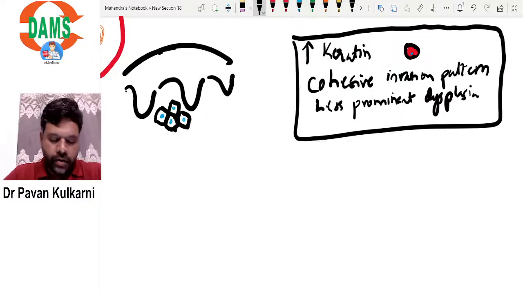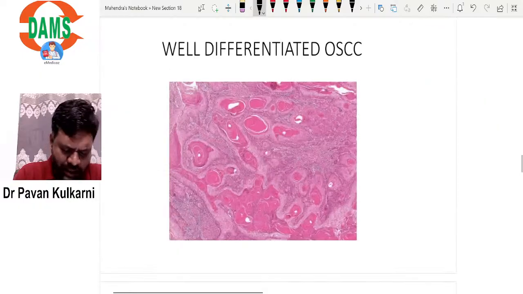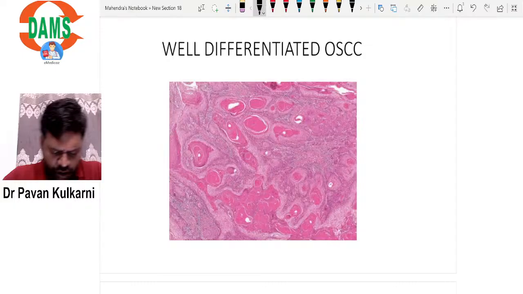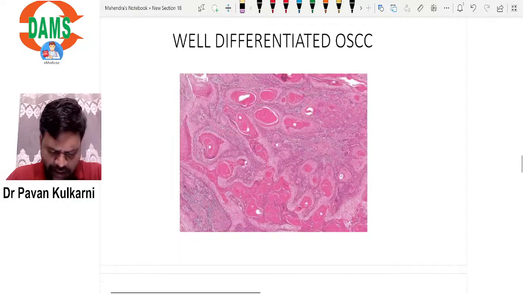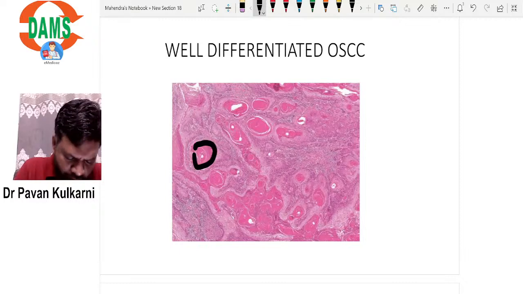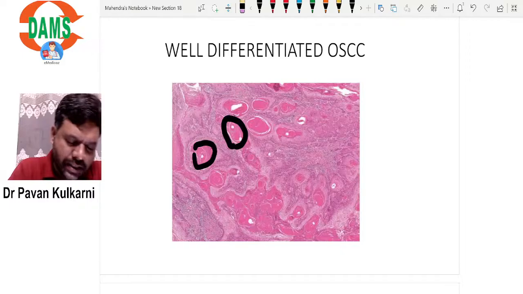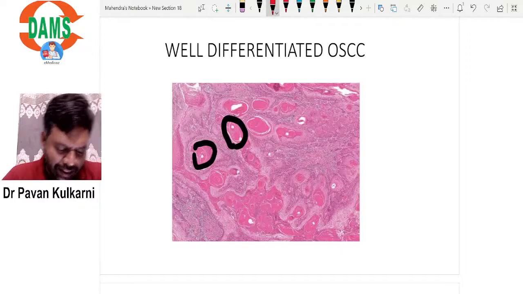Okay, now I'll show you an image of well differentiated squamous cell carcinoma. You can see this. Zoom in and look at this. What are you seeing? You're all seeing the islands of cells with keratin within them.